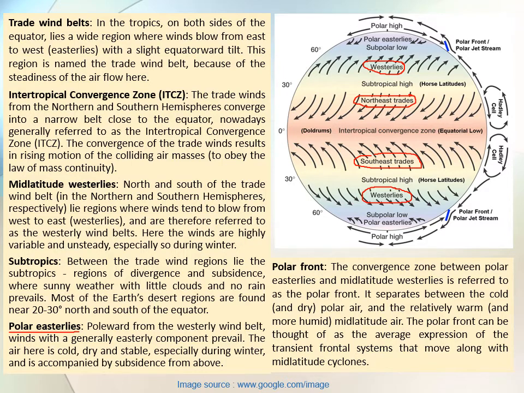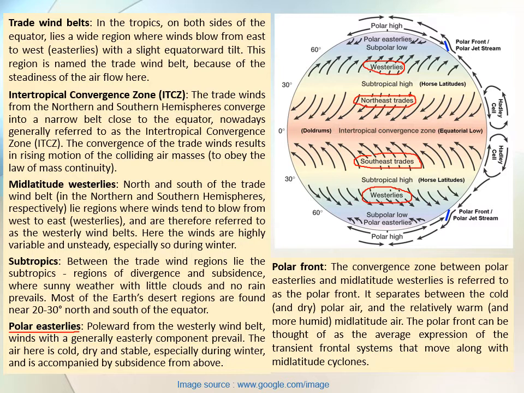So depending on the conditions, depending on the persistence of weather conditions in this region, in this subpolar low, in ancient times, sailors named these regions differently.